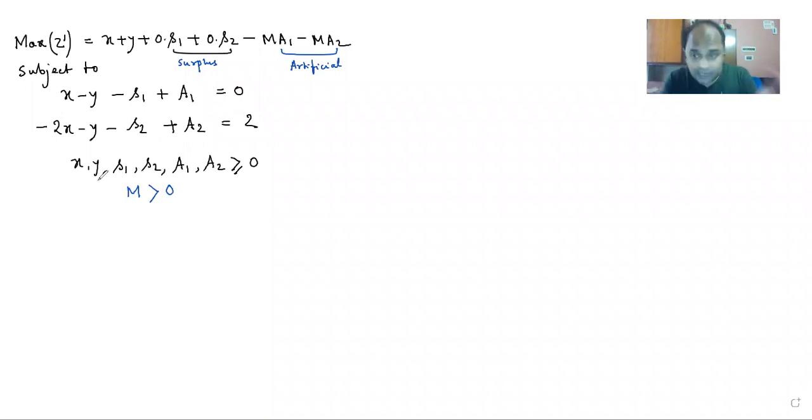That means if during the process the artificial variable retains some value, we want to eliminate that effect from the objective function, which is denoted by the minus sign. But by convention, for some mathematical reason beyond the scope of the syllabus, we cannot put the artificial variable's per unit contribution to be 0. It is because of this that this particular simplex method is called the big M method.